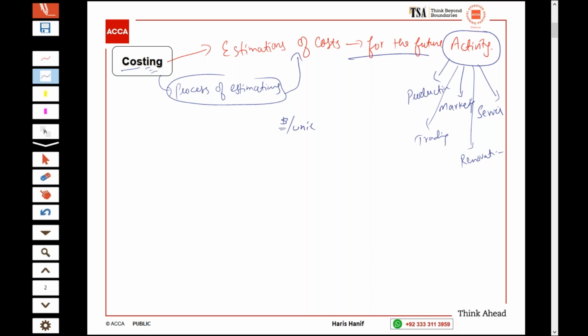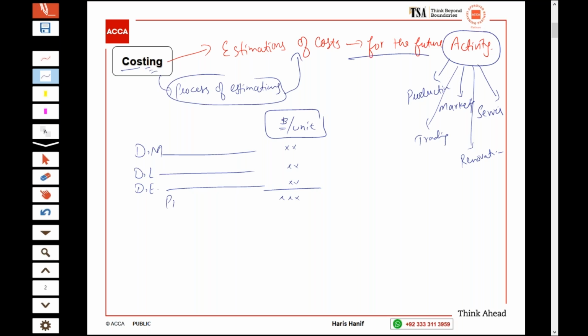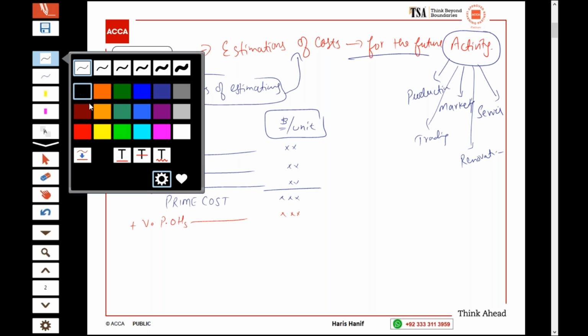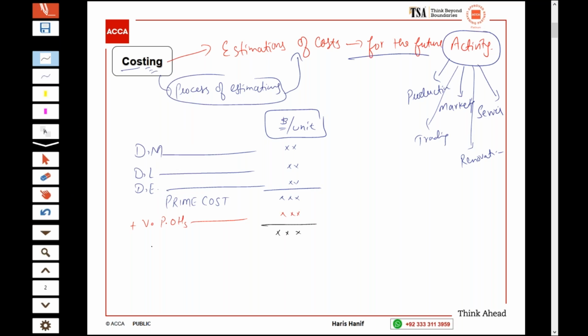When you are engaged in production, there are different kinds of cost. This is my per unit cost. We have direct material cost, direct labor cost, and direct expense, and the resulting figure is known as the prime cost. Then you will have to add variable production overheads, and the resulting figure is the marginal or variable cost of production.